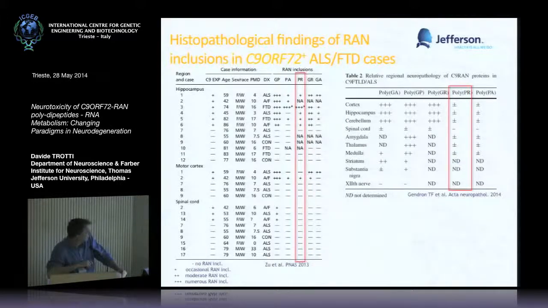And we are proposing that you don't see it because they are extremely toxic. Once they form, they kill, so the neuron disappears. And what you see here is what's left. Certainly, if they have PR, they don't have it. You may see it in the hippocampus, but hippocampal neurons are less sensitive to PR, so they may find a way to manage those aggregates a little bit better than the relevant neurons in ALS FTD.